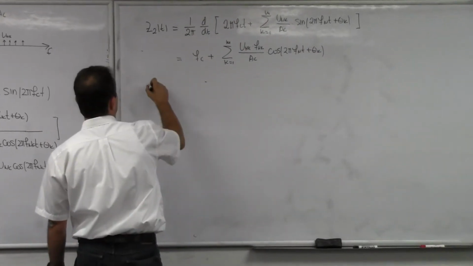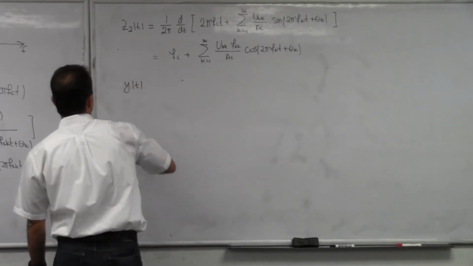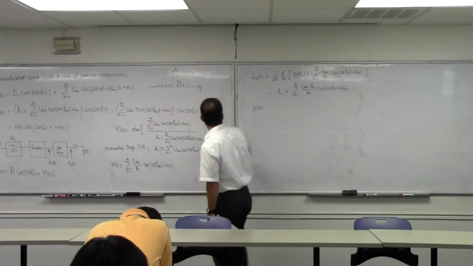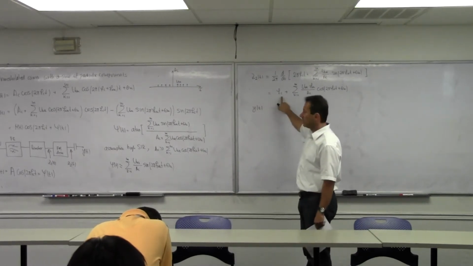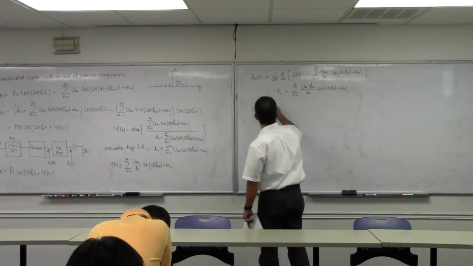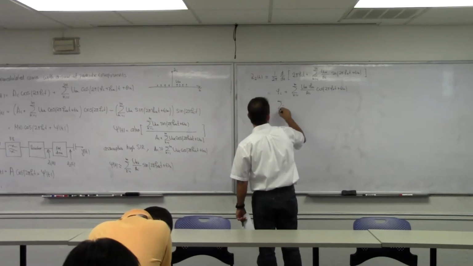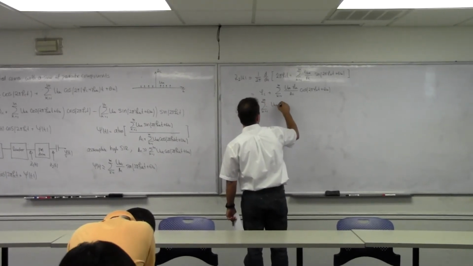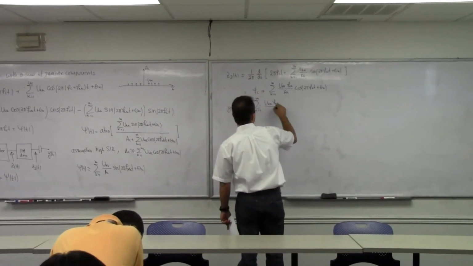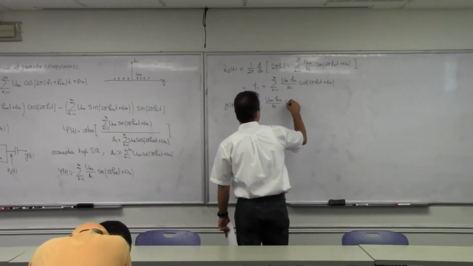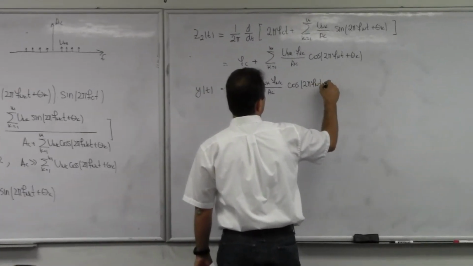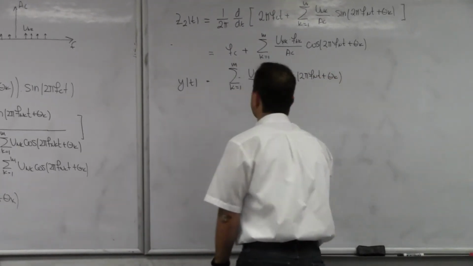And then after we block the DC component, because of this circuit here, y of t is just going to eliminate fc, and therefore y of t is going to be sum k goes from 1 through n A_nk f_nk divided by A_c times cosine 2 pi f_nk t plus theta k.